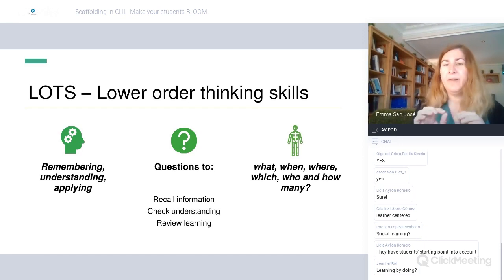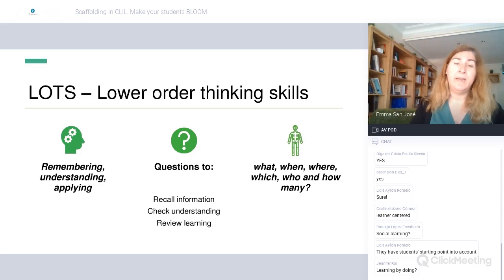So the questions are going to be very specific. They're something that is in there, and they just have to go into their memories, get it, and take it out, okay? Whether it is to just say it, as in remembering, or to understand something, or simply to apply it. So younger students can do any of these activities. They would be okay and feel safe in any of these levels.